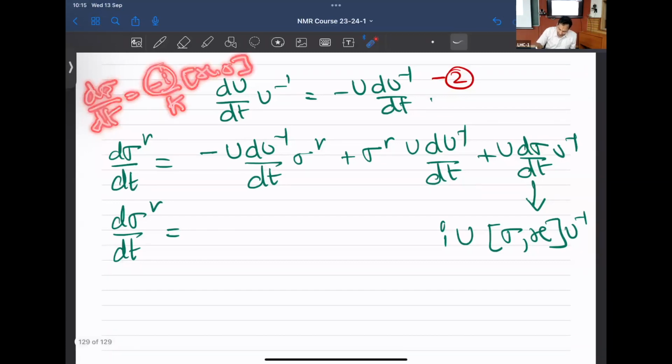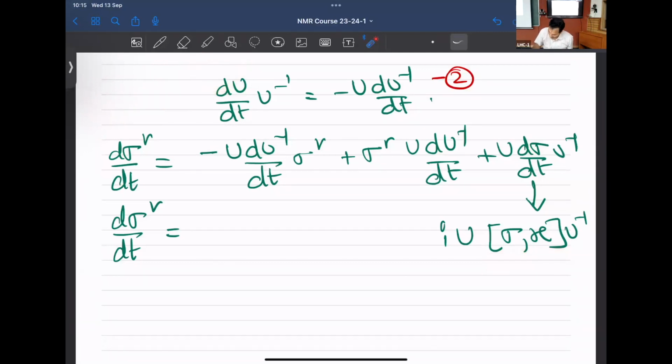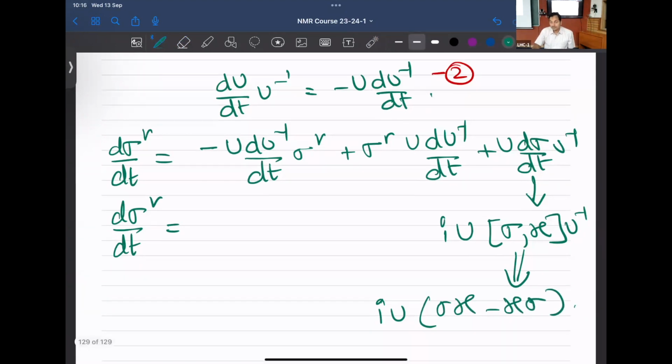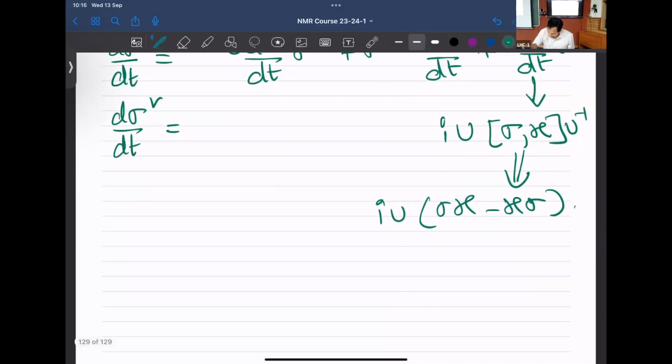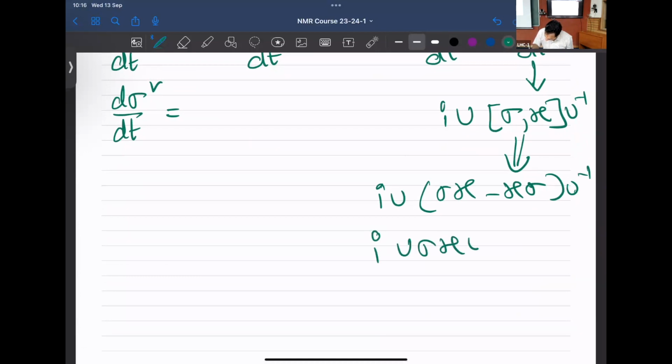If you end up negating the minus sign, then the operator swaps, right? The commutator swaps. Okay, this is what you got. And yeah, so this part is going to be equal to iu times sigma h minus h of sigma with a u inverse. So iu sigma h u inverse minus iu h sigma u inverse.